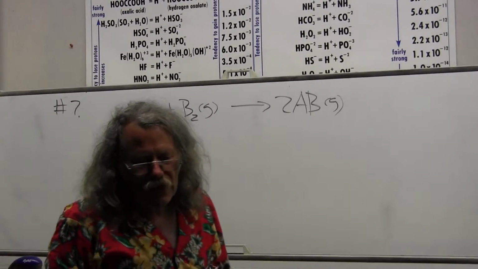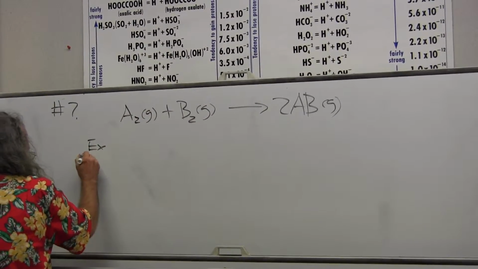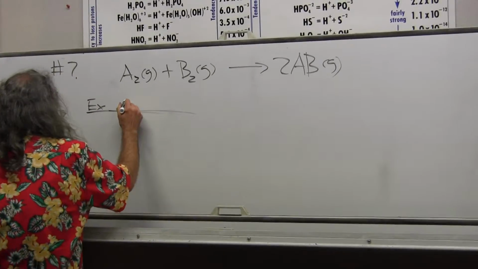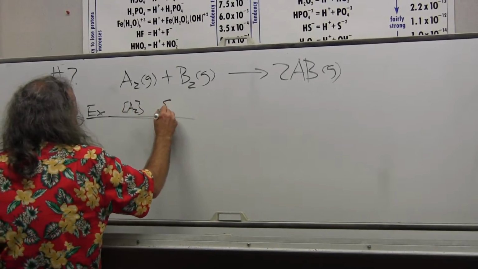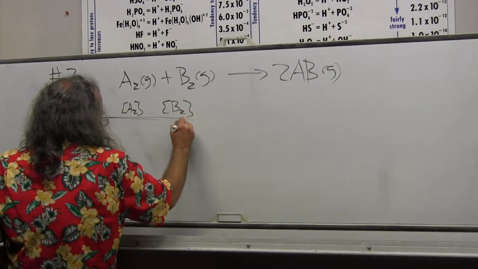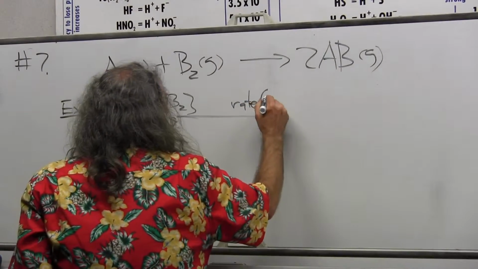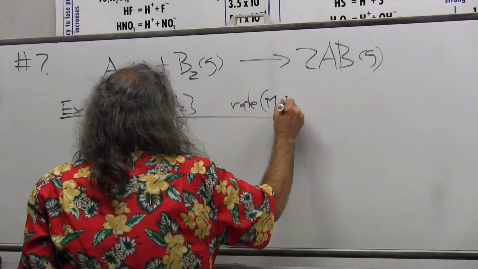The following data is obtained in experiment 1. I have the experiment number, and then the concentration of A2 and the concentration of B2, and then the rate, in moles per liter per second.